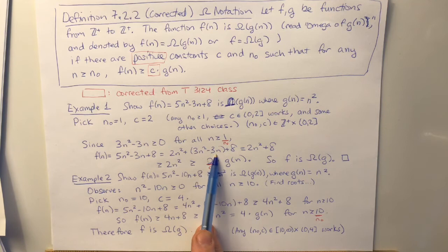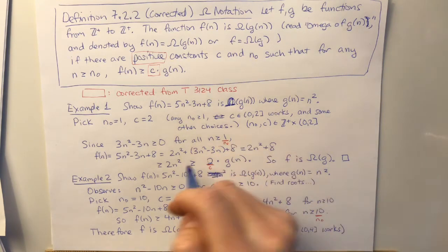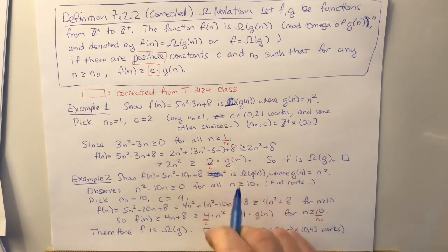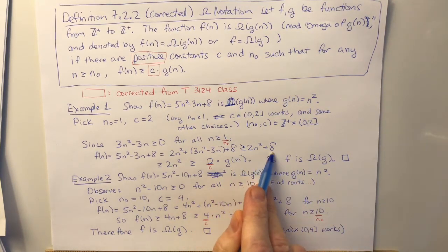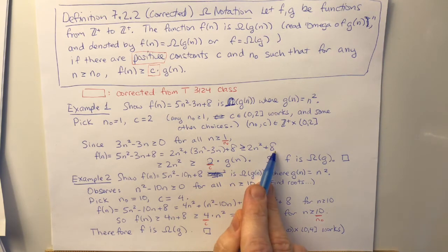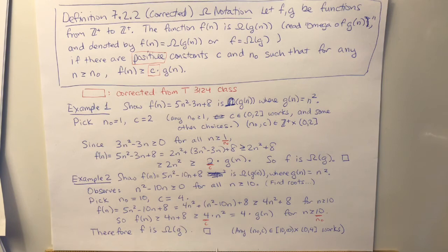Now this in parentheses, 3n² − 3n, is at least 0. So we can say that this entire expression is greater than or equal to 2n² + 8, and that would hold for all n at least 1.